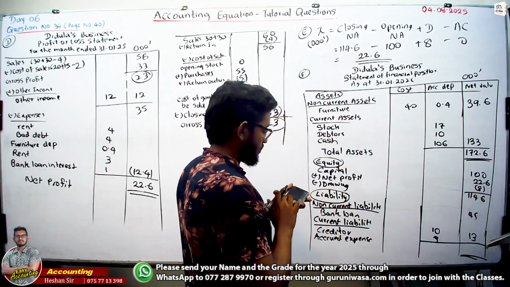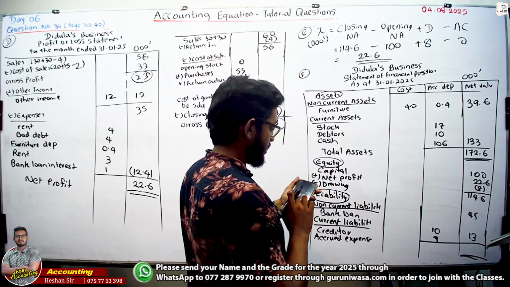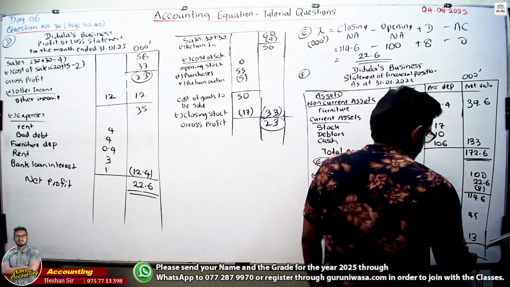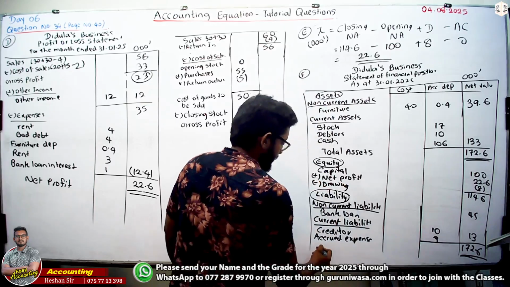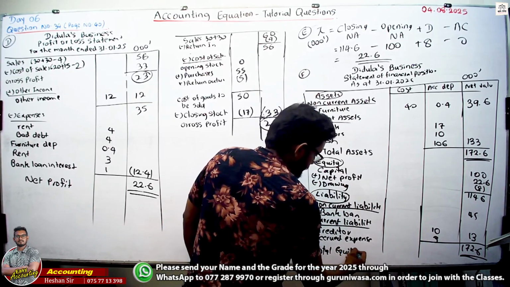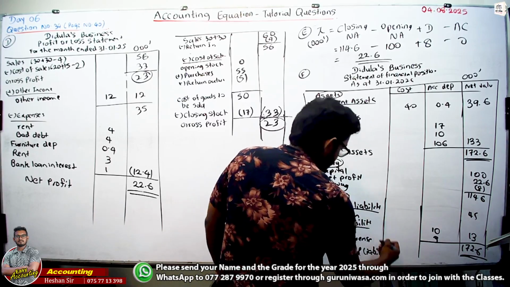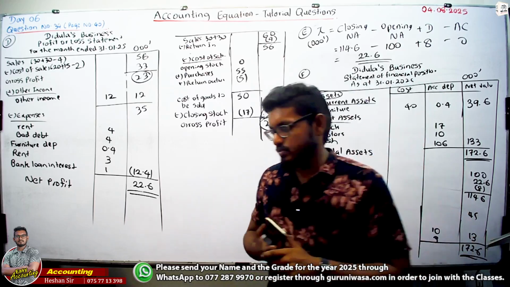Now see, 114.6 plus 45 plus 13. Just its tally. 172.6. Total equity and liability. Right. Oh my god. Finish it and raise your hand.